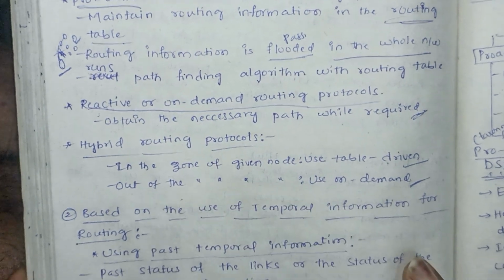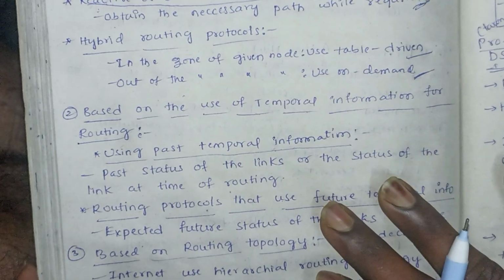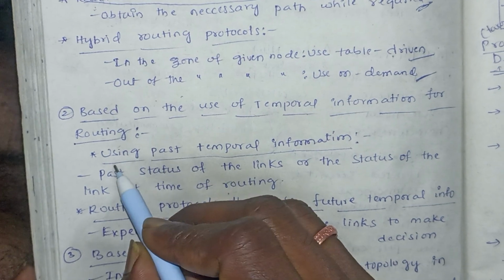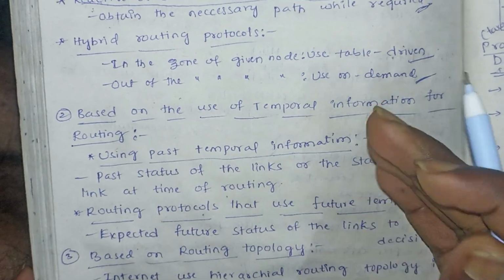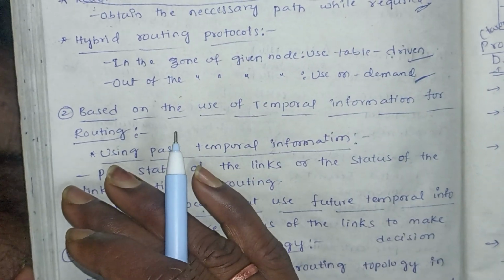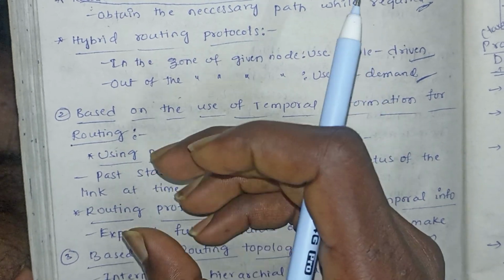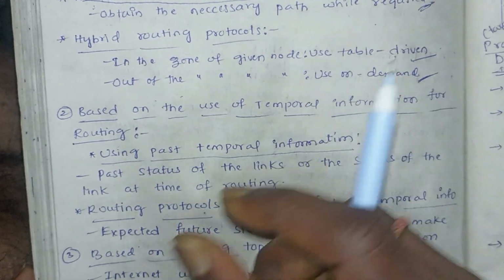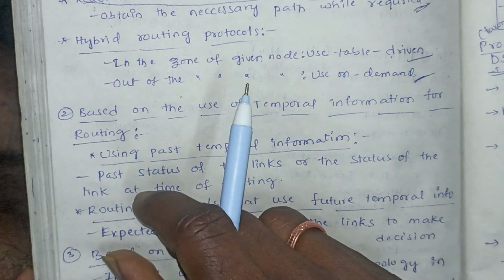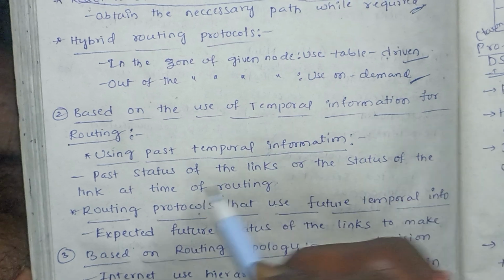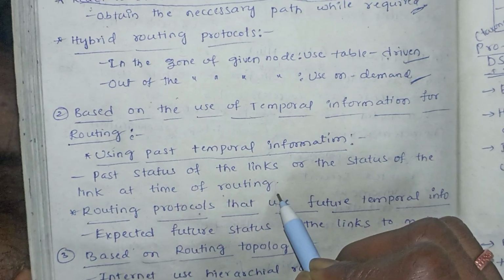So next we will move forward, based on the use of temporal information for routing. Using past temporal information, we are going to forward the message from sender to receiver through another node. This uses the past status of the links, or the status of the links at the time of routing.